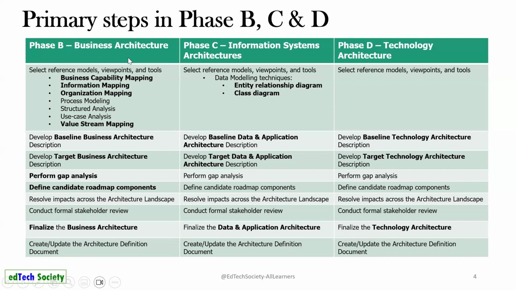One thing I can suggest is to try to memorize the Phase B business architecture primary steps. If you can remember one of these columns, it will be very easy. Just tweak it for Phase C and Phase D, because it is just a change from business to data and application, and from there to technology.